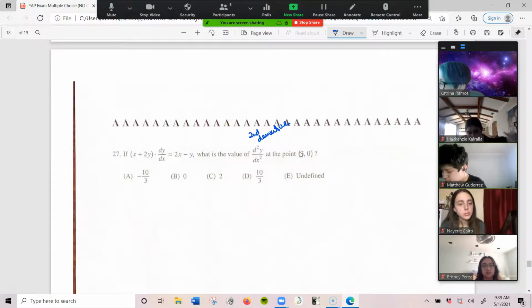So this is an implicit function. So we would have to take its derivative. You can, if you want, solve for dy dx, but you don't have to. I mean, you can. Let me see something. What did I do?